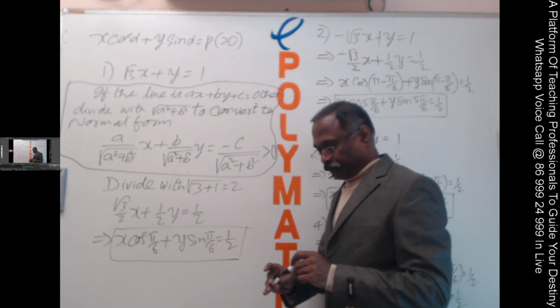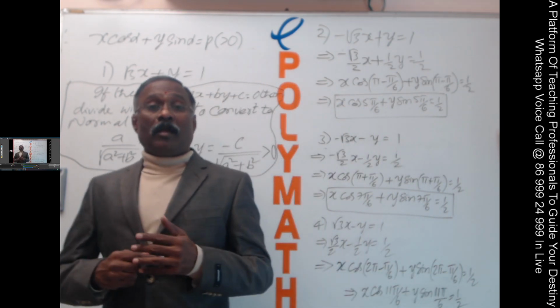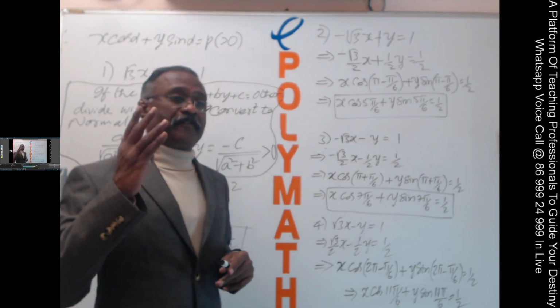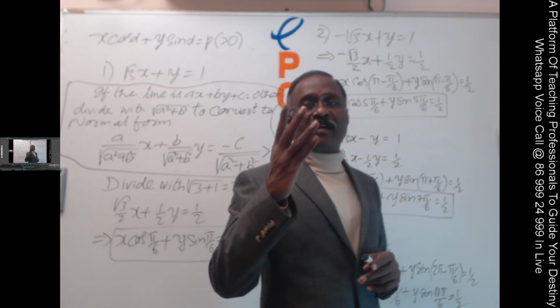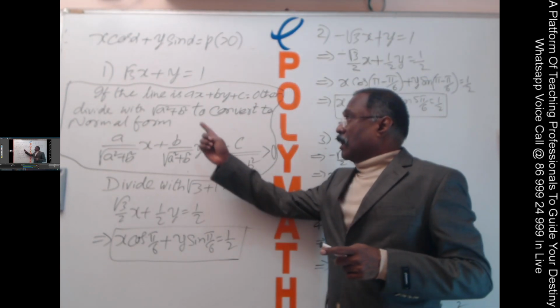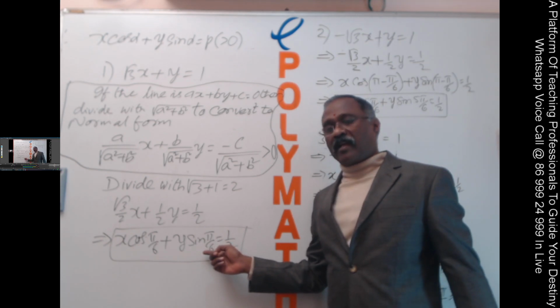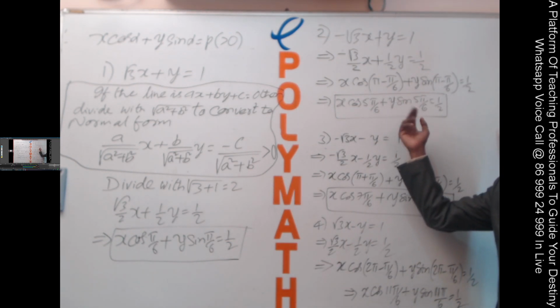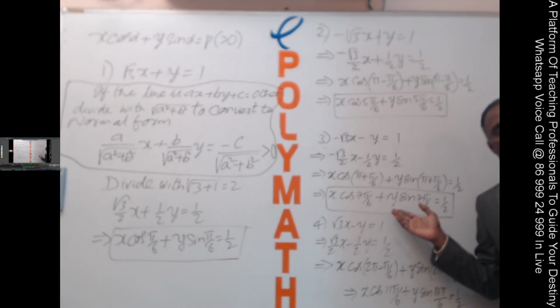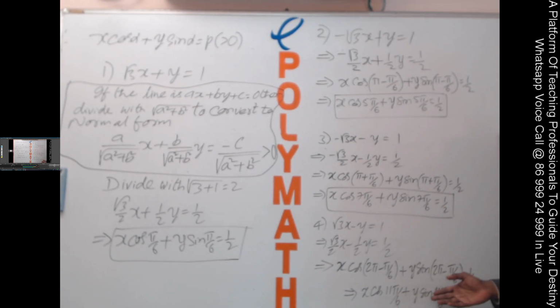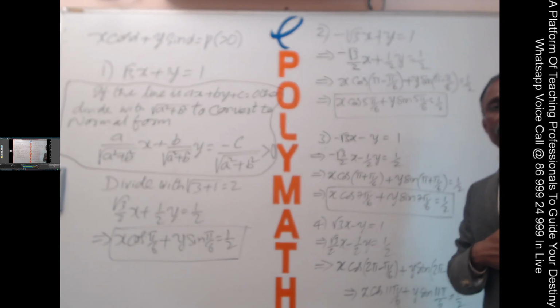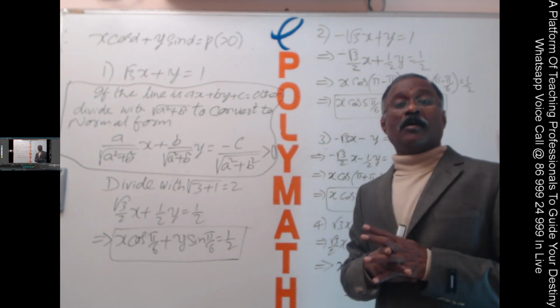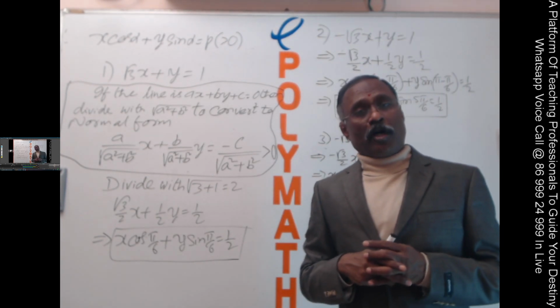So I have taken 4 different cases. Number one, alpha is lying in the first quadrant. Number 2, alpha is lying in the second quadrant. Number 3, in the third quadrant. Number 4, in the fourth quadrant. This is the conversion of the given line to the normal form.